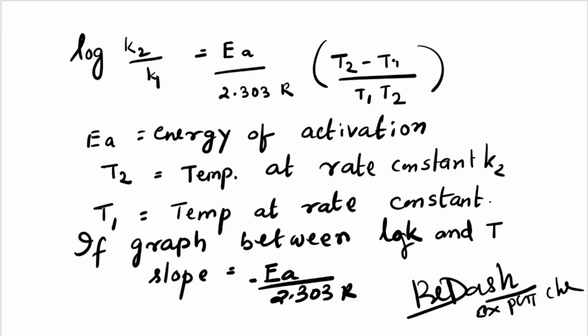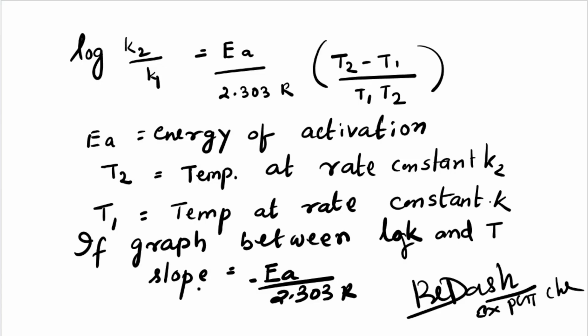Sorry. Log K2 by K1 equals Ea by 2.303 R times T2 minus T1 divided by T1 T2. Ea is the activation energy, T2 is the temperature at K2, T1 is the temperature at the rate constant K1.